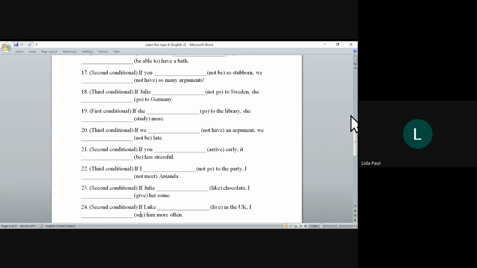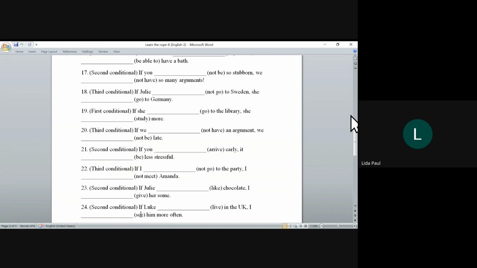V3 form. So if we had not had an argument, right? So have again in its participle form is going to be in the had form. So if we had not had an argument, we would not have been late. Both are fine. If we had not had an argument, we would not have been late.